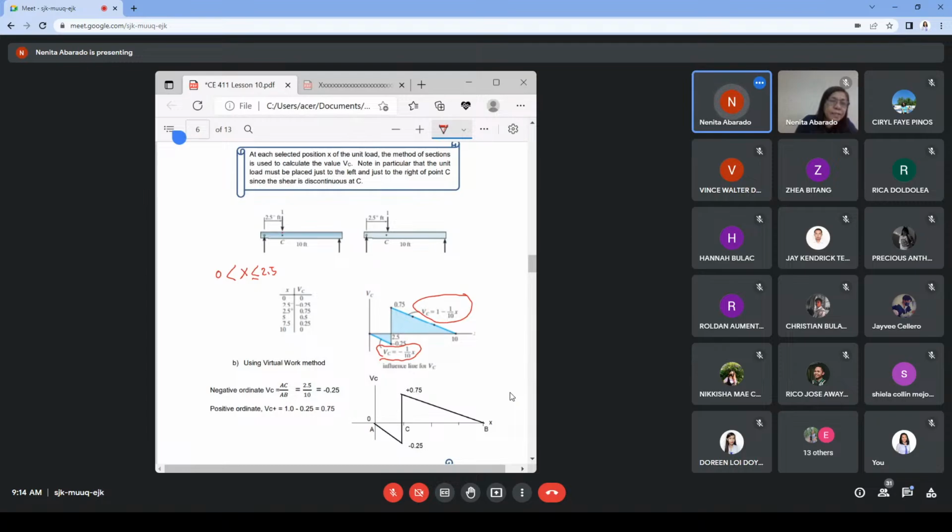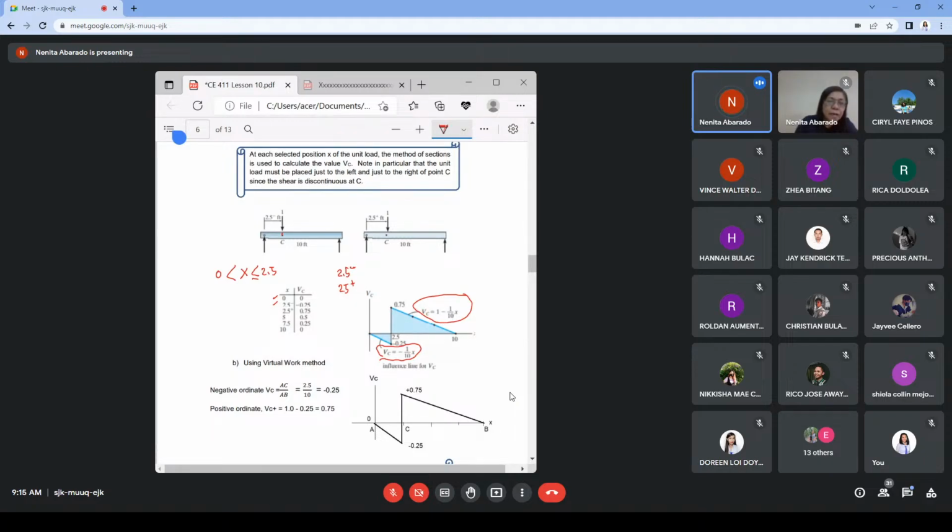So at this point, let's make a table. x equals 0, x equals 2.5. Take note, class, at 2.5 we have two values, one negative 2.5 and one positive 2.5. It doesn't mean that it is negative or positive. It only means that it is to the left of point C and to the right of point C. That is the location of x, the location of the unit load.